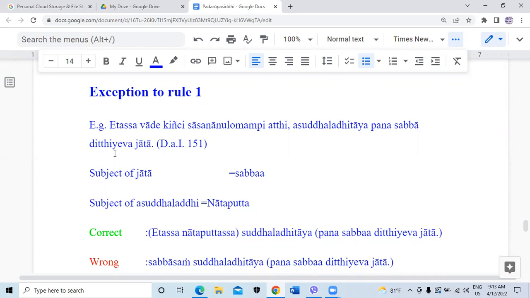Okay, Sabha and Diti. If so, according to the first rule, Sabha is Spaghetti Katu, right?